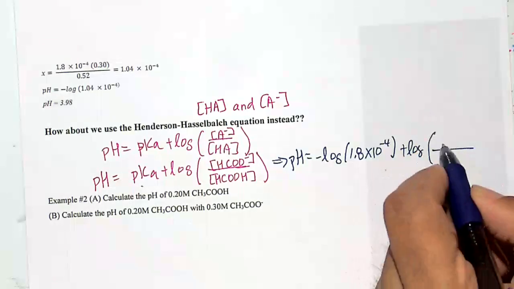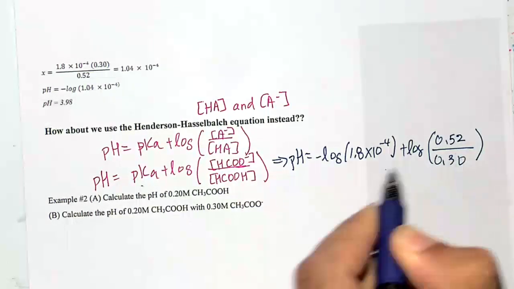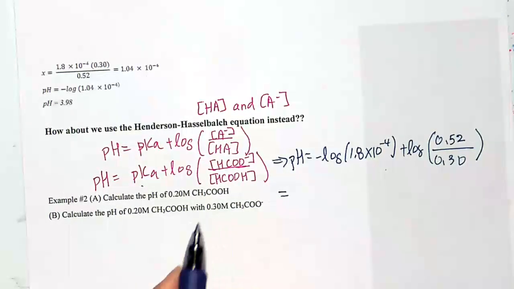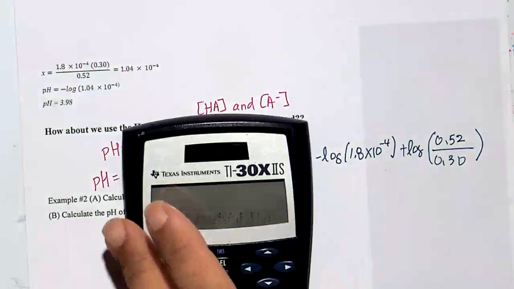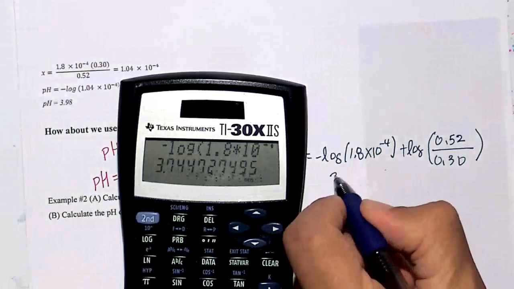So 0.52 over 0.30. And that will give you the answer. Okay. So minus the log of 1.8 times 10 to the minus 4 is 3.74.